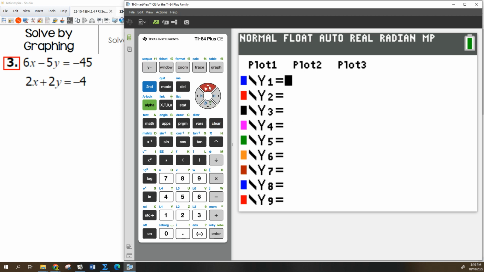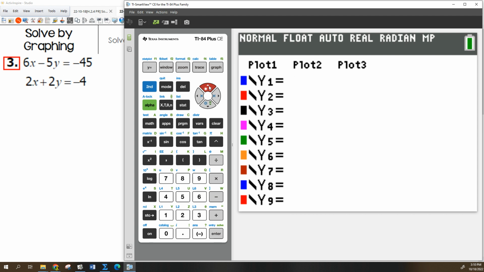Okay, what do you notice that's inconvenient about the TI-84 for this system? Yeah, you got to isolate the y. Has to be solved for y. Okay, so there's a way to do this, though, pretty easily. I just call this solving into the calculator. So we're going to do the algebra steps in our mind right into the calculator.